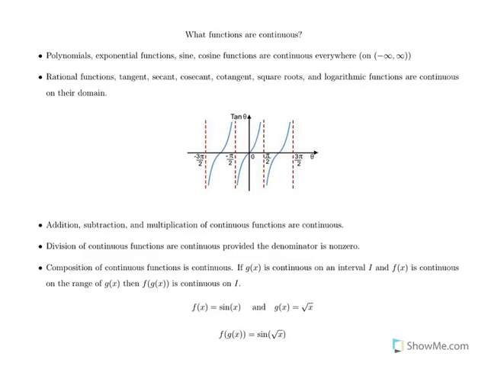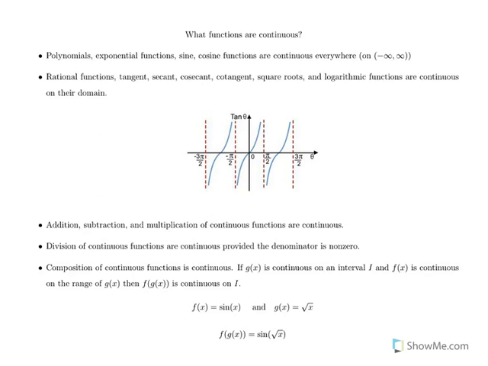All right. So what functions that we know are continuous? And that's going to be almost everything we know. All polynomials, exponentials, sine, cosine functions are continuous everywhere. That is on the interval -infinity to infinity. And note that even though it says sine and cosine, that's any function that involves sine or cosine just by itself as well.